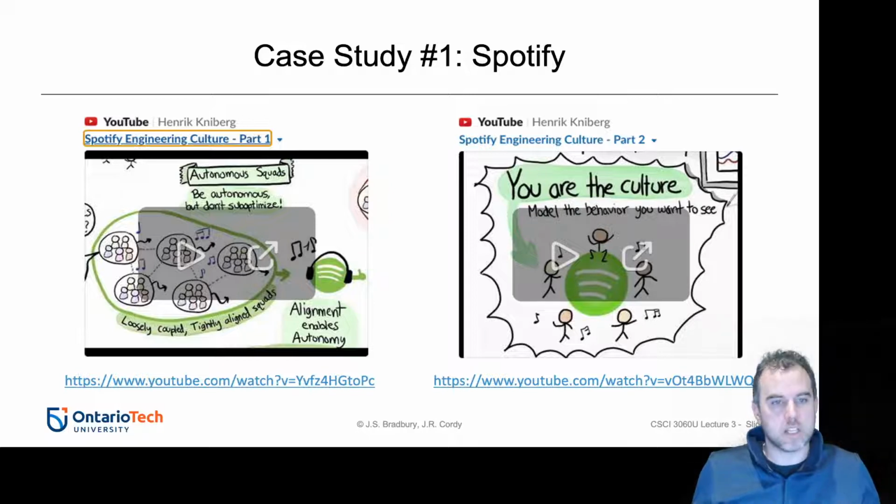But the thing that I wanted to point out was that by having the squads be aligned, if one squad isn't up to par or isn't doing what other squads need, they're going to hear about that from other squads, right?